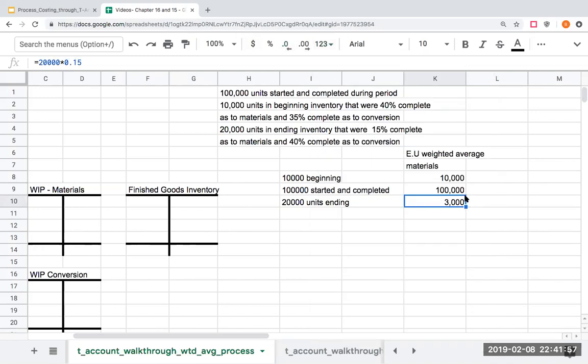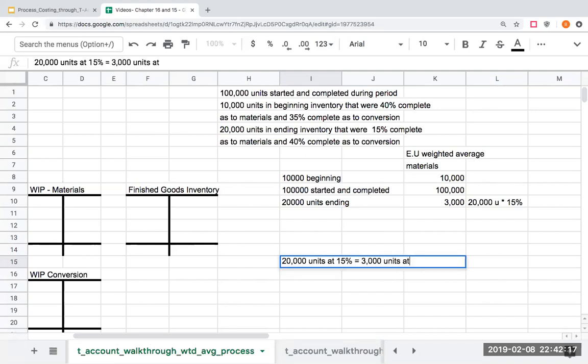3,000. So really, this is going to be 20,000 units times 15%. And really what we're saying is that 20,000 units at 15% is the same thing as 3,000 units at 100%.